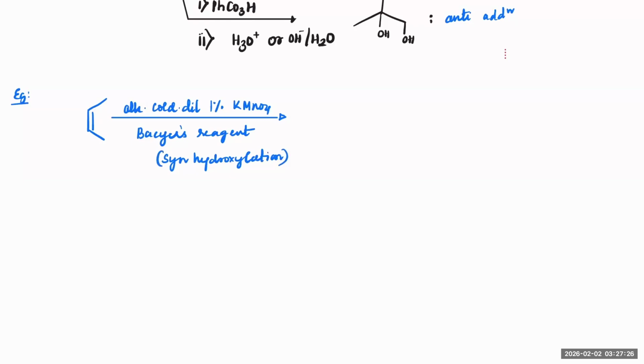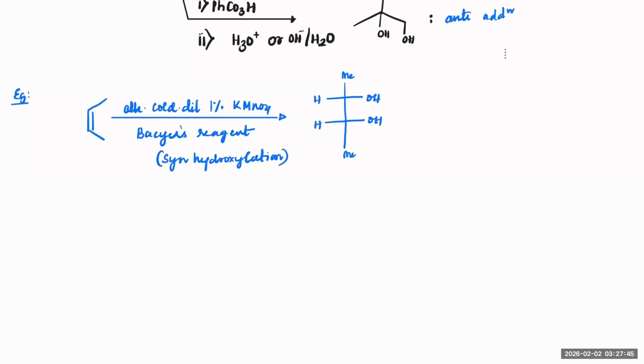You know that cis, when you make a syn addition, you should get erythro. So the product should be erythro. So you can write it like this. So product is this way with two methyl groups and two OH groups, and with two H groups.